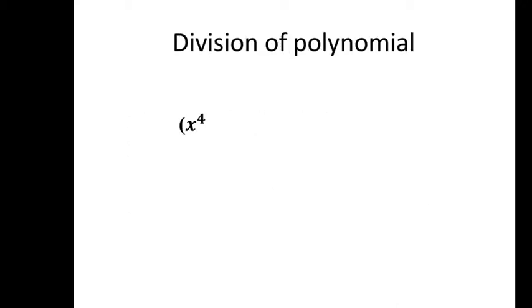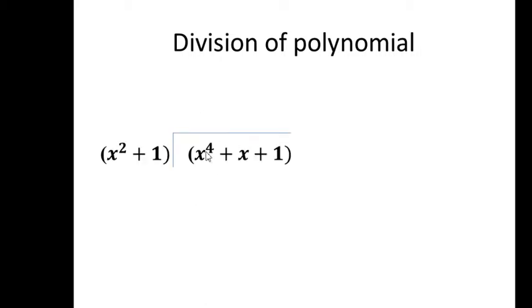Now we need to understand how the polynomial is divided. So division of a polynomial: x to the power of 4 plus x plus 1 divided by x square plus 1, where x square times x square becomes x to the power of 4, and this becomes x square.